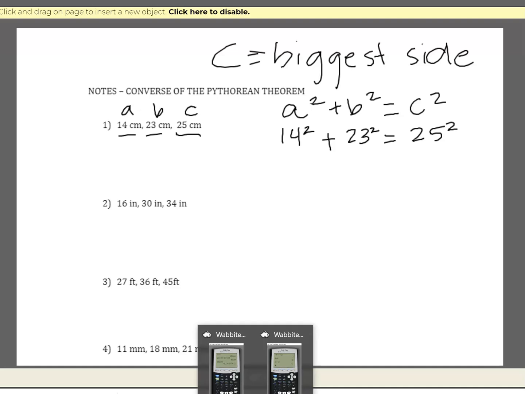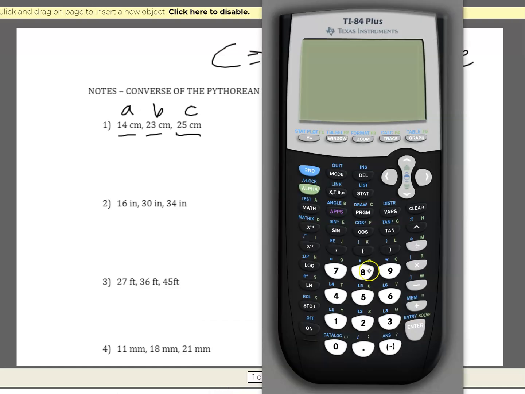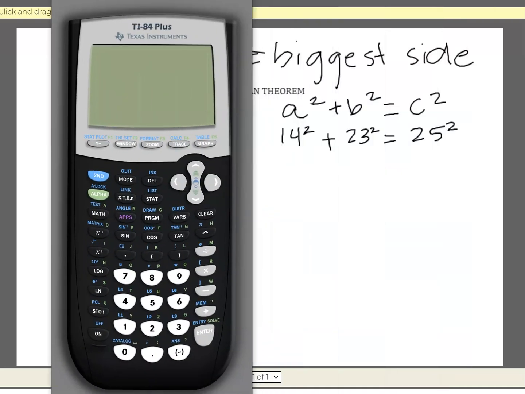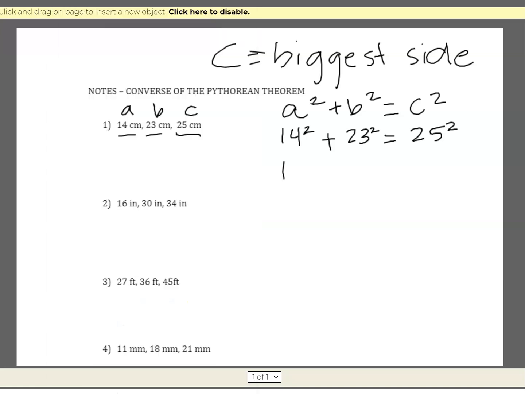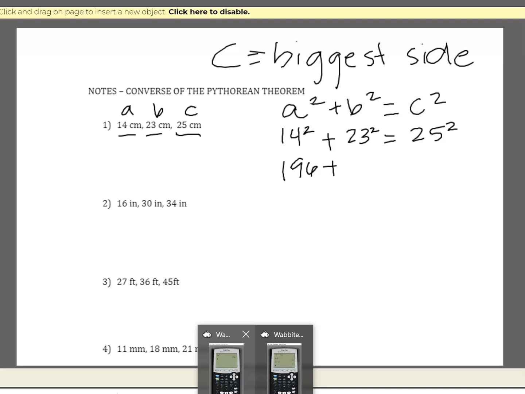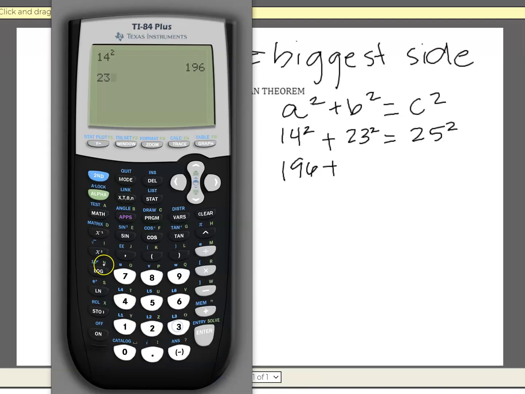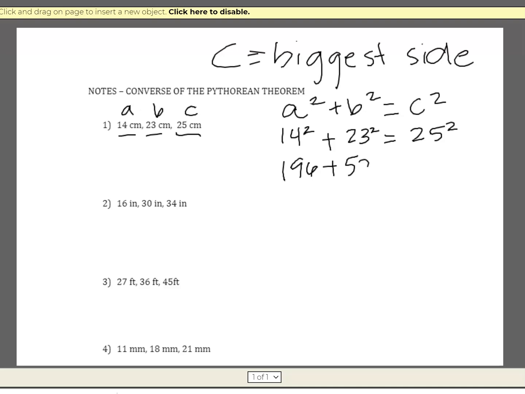Well then, what you do is you go to the calculator. So you will go to 14 square, enter, that is 196 plus 23 square, enter, 529, does it equal 25 square?